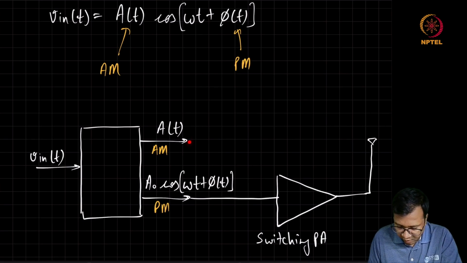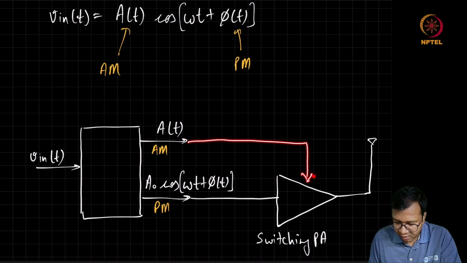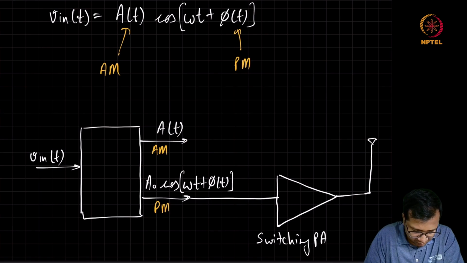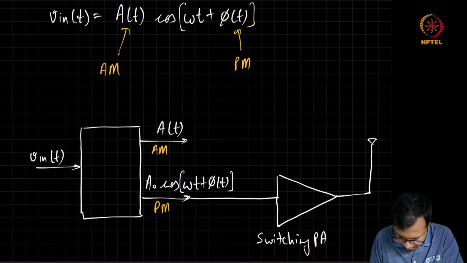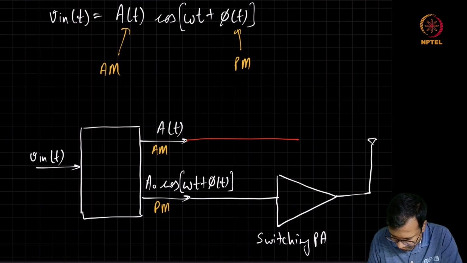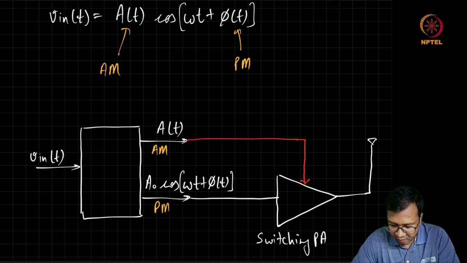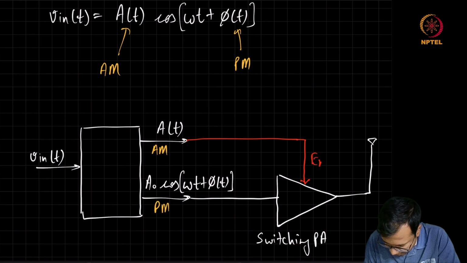But this AM information needs to be also given to the PA so as to allow the envelope to change. So we need another control to this switching PA where the envelope can change. Let's say this is the envelope control.